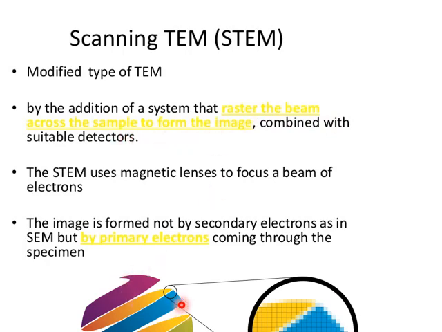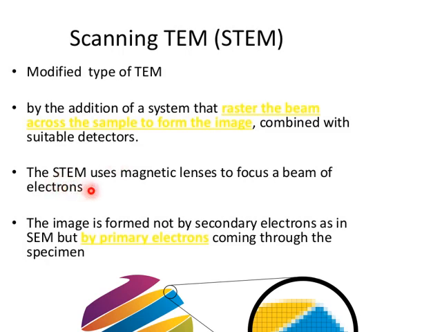Raster is a method in which an image is formed from small dots. So the beam in this type of raster will form the image, combined with suitable detectors that are present in scanning TEM.